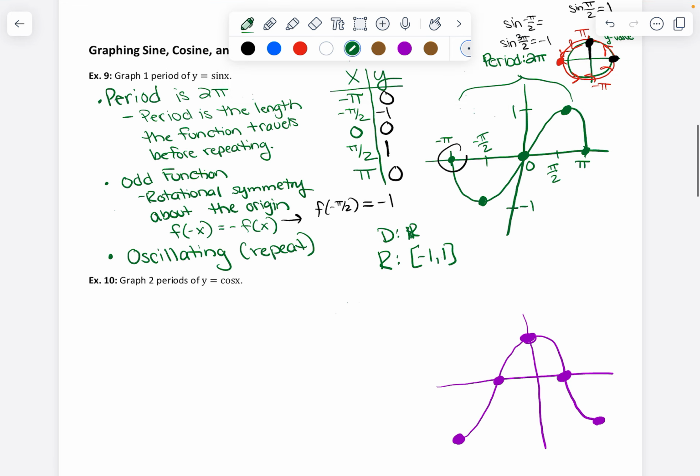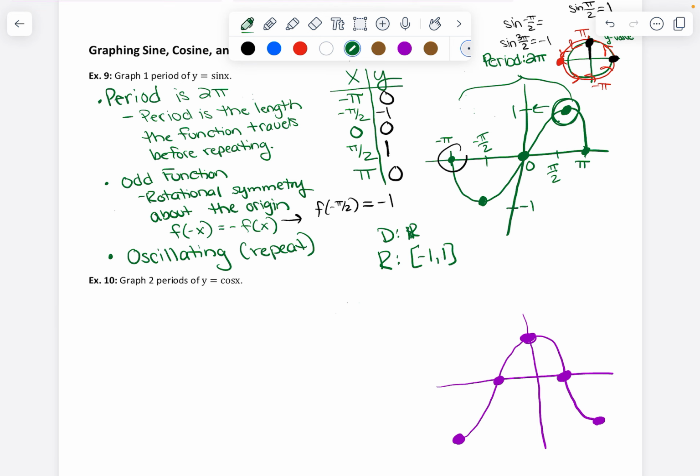If you look at sine, it is exactly the same as cosine, except there is a shift. In cosine, we see that we have a maximum here. Sorry, this is sine. But in cosine, we see a maximum here. All we did was shift sine over pi over 2. So now instead of the maximum being at pi over 2, the maximum is now at 0 for cosine.